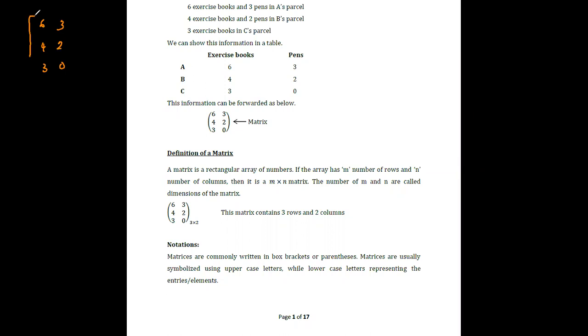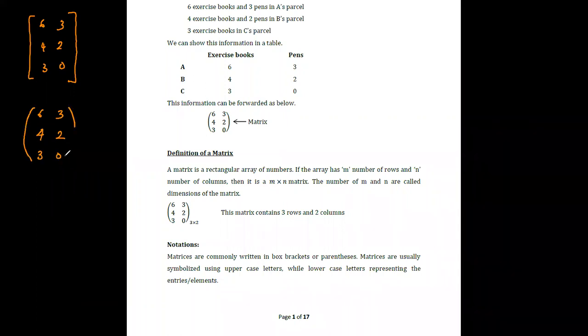In the initial one, I used box brackets to denote the matrix, and the next time, I used parentheses. Therefore, you can write a matrix using box brackets, or you can use parentheses.